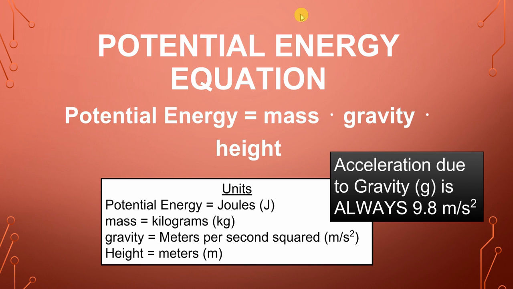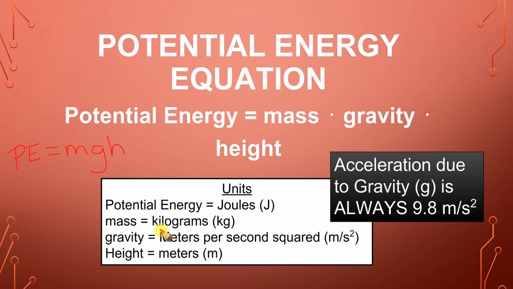The potential energy equation is potential energy equals mass times gravity times height. In symbols, it looks like this: PE equals mgh, where potential energy is PE measured in joules, mass is m measured in kilograms, and g stands for acceleration due to gravity.